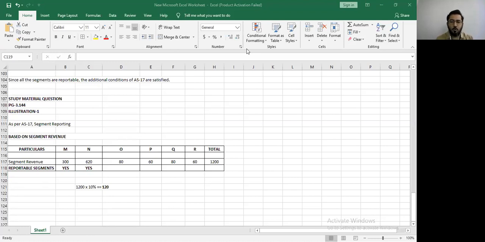What about segment O? Segment O has a revenue of 80. We need 120, so no separate disclosures are required.